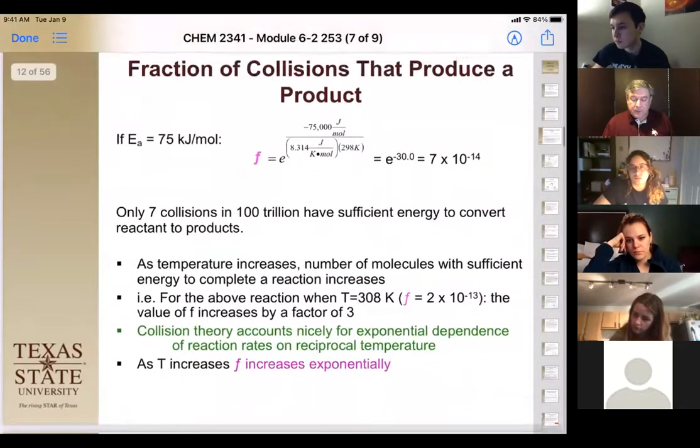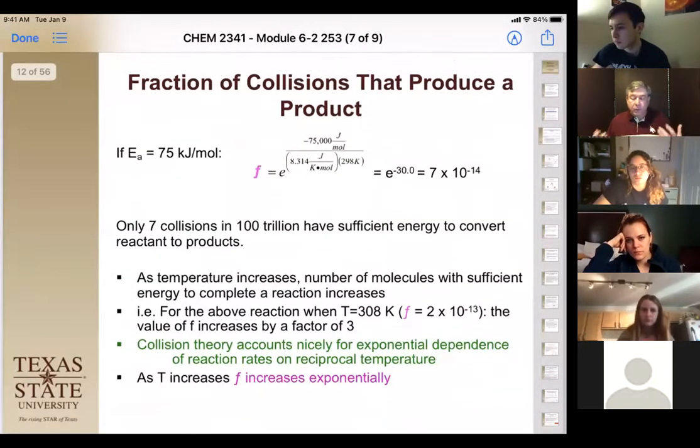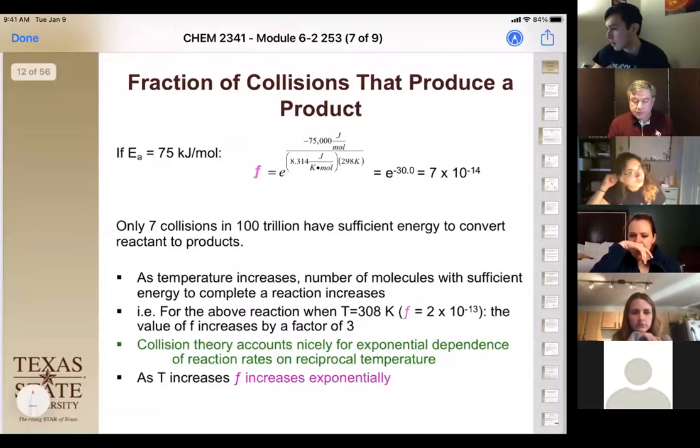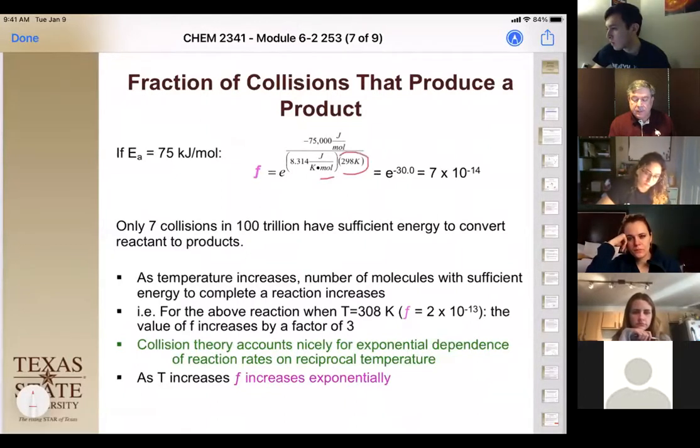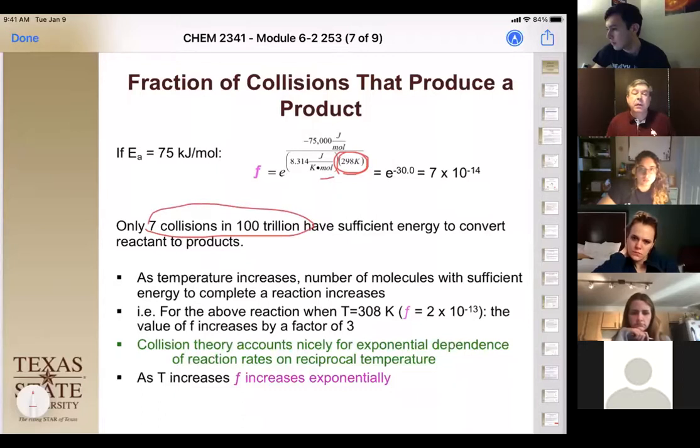All right. So there's some math associated with that. The important thing here is that you have an effect of temperature and activation energy. So at 0 degrees C, we only have 7 collisions per 10 trillion molecules.